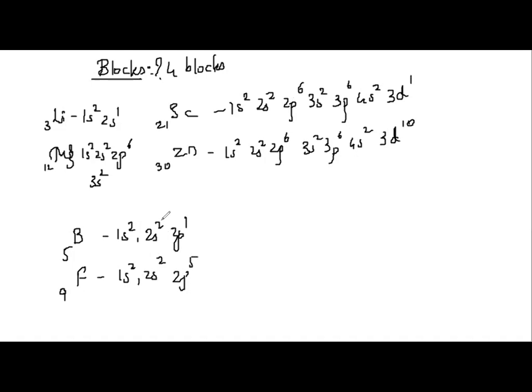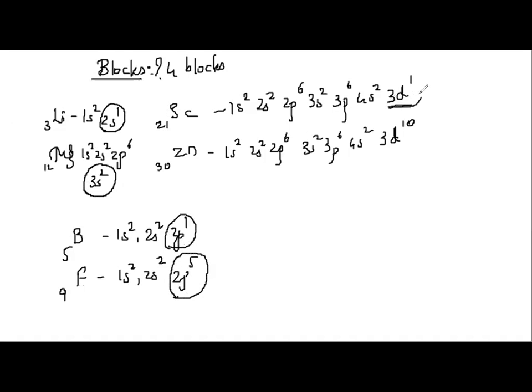So when you observe these elements, why I have written the configurations is that if you observe lithium, the last electron is entering into s orbital. Even in magnesium, the last electron is entering into s orbital. In case of boron, the last electron is entering into p orbital. Fluorine, it is also entering into p orbital.